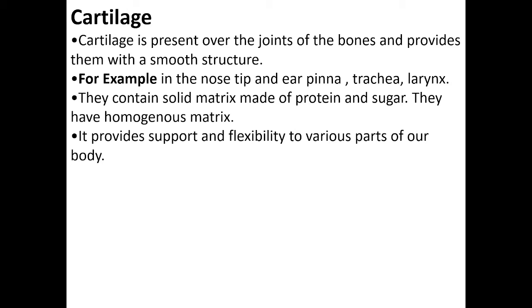We move our hands and legs, and wherever the joints are there should be flexibility and a smooth structure. If a rough surface is there, you cannot move it easily. So cartilage provides a smooth structure to the joints, and is found in the nose tip, ear pinna, trachea and larynx. Clear?